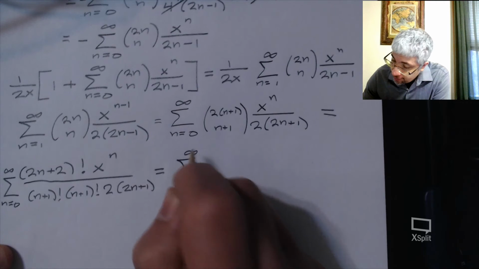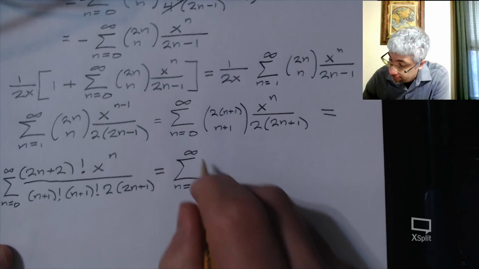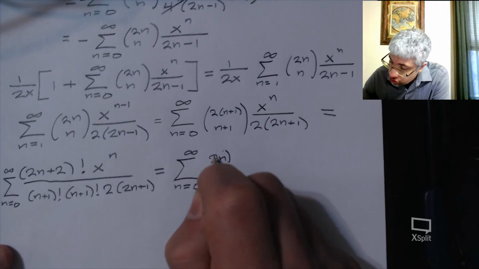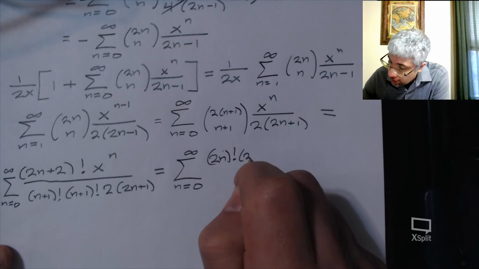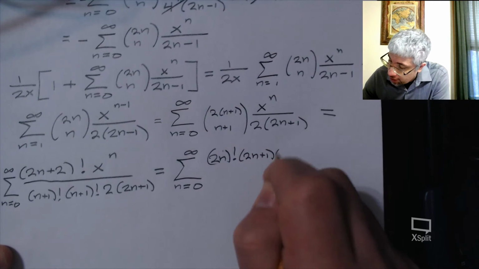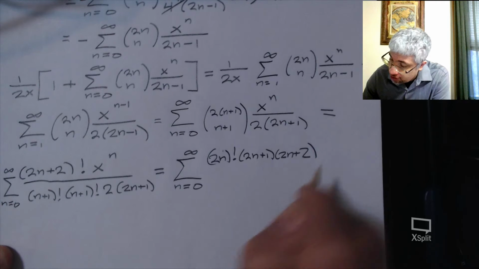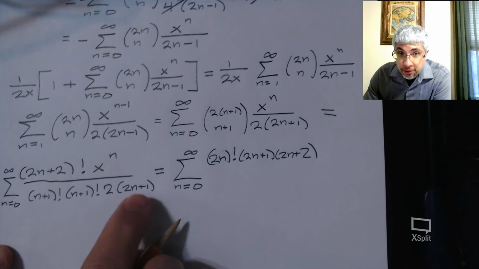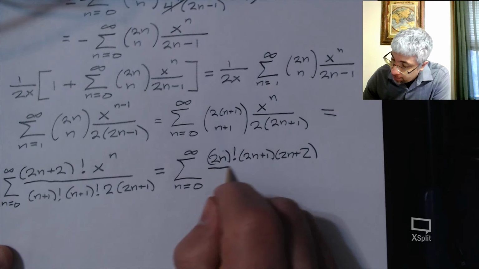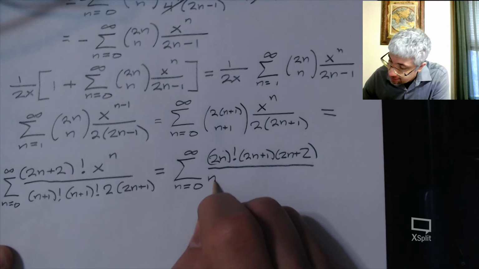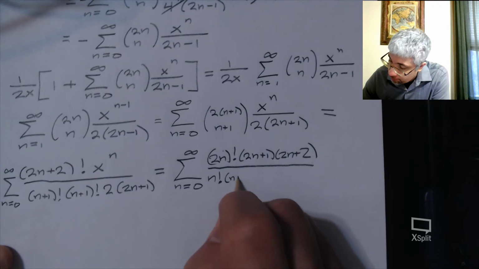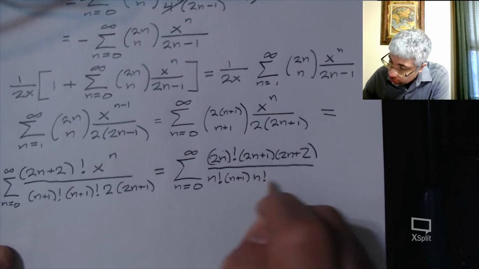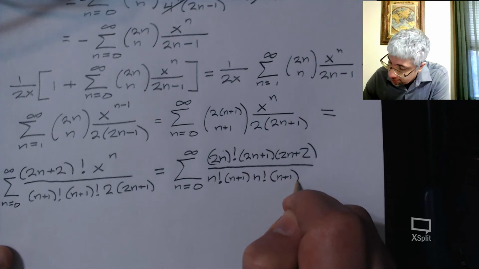Well, let's try to simplify this just a little bit. I can make this 2n factorial, 2n plus 1, 2n plus 2. And in the bottom here, I could rewrite this as n factorial, n plus 1, n factorial, n plus 1.